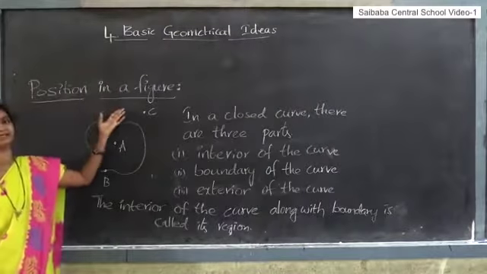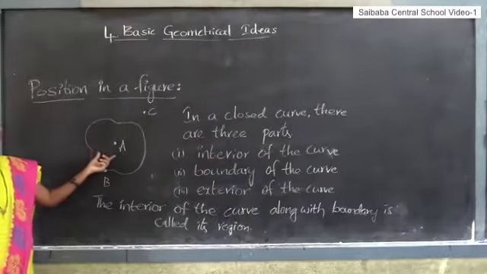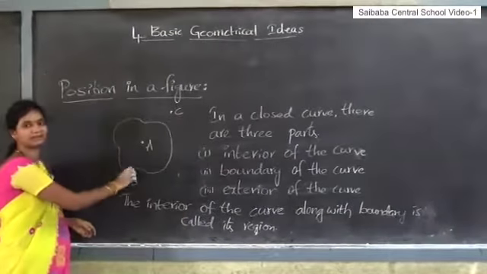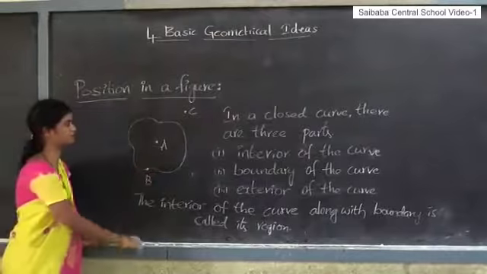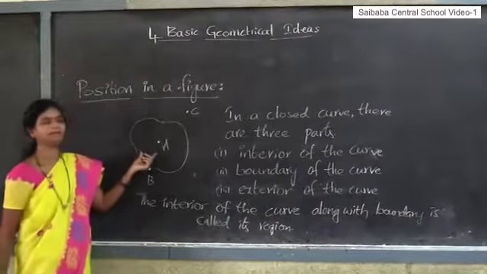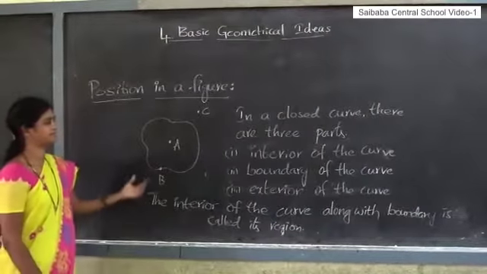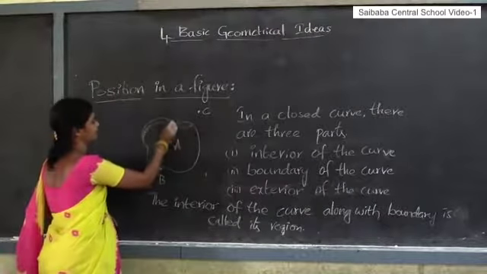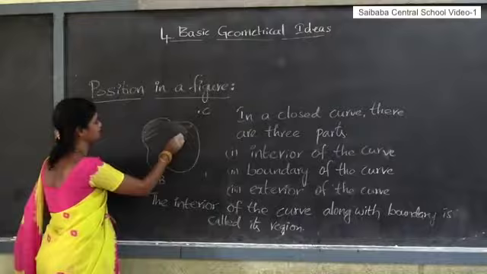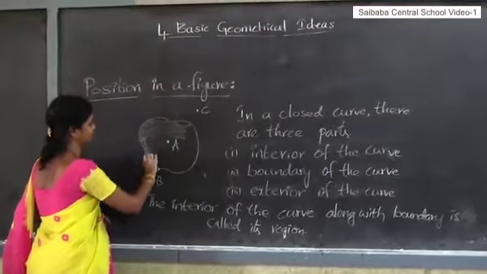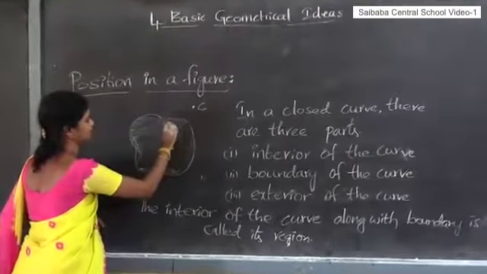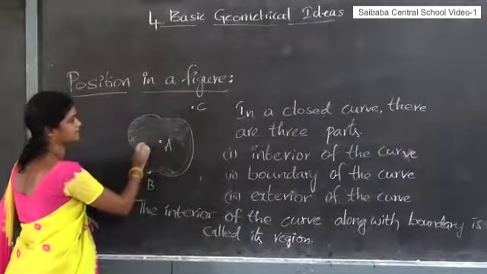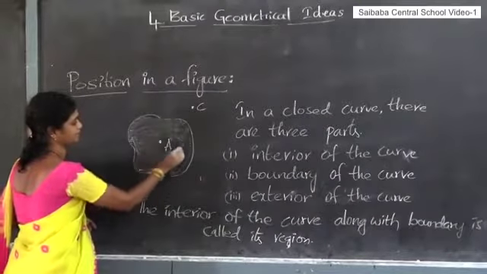Position in a figure. Observe, this is a closed curve. In this closed curve, there are three parts. First one is the interior of the curve. All this shaded part is called the interior of the curve.